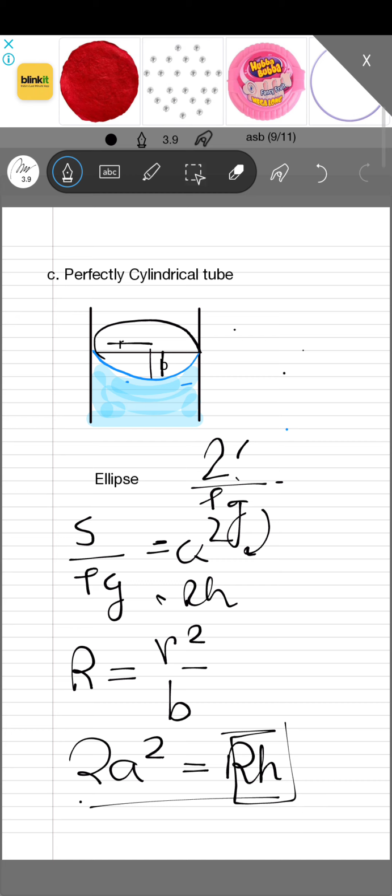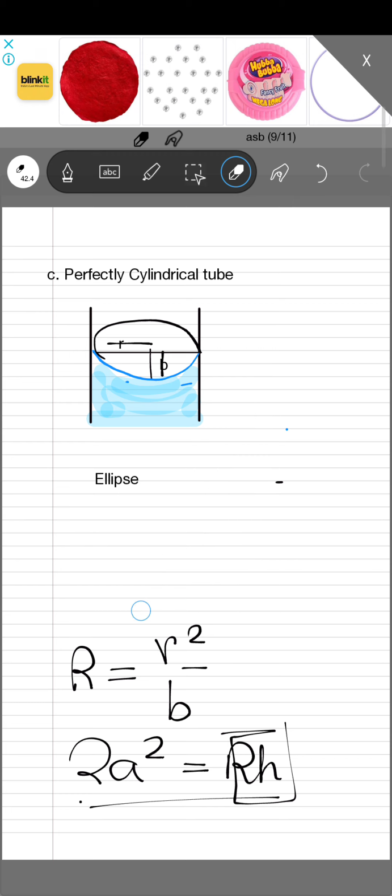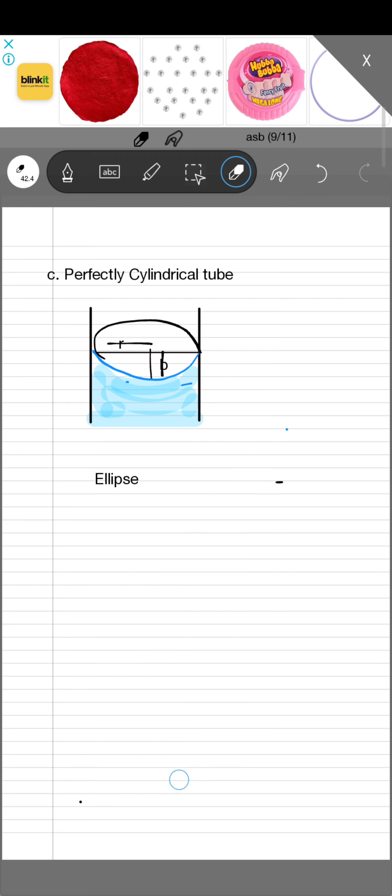and r by h tends to 0 as the liquid increases in size, and so we can write this S by rho g, which is equal to a square.